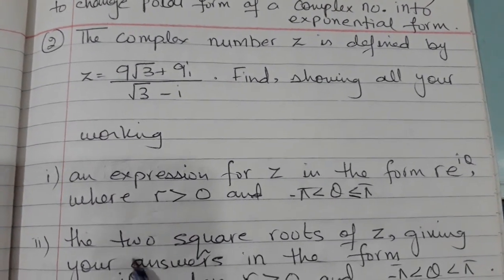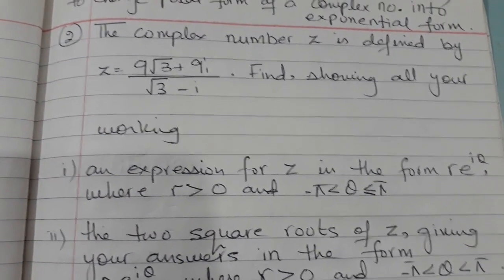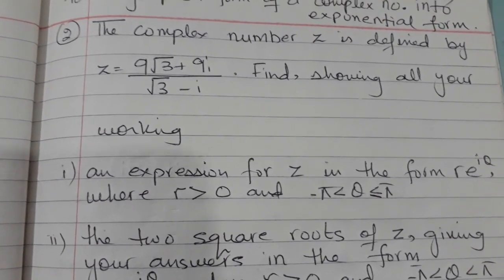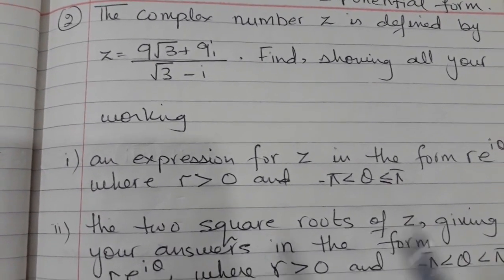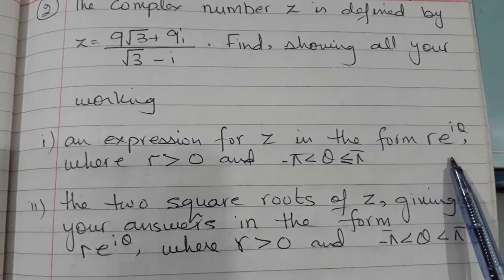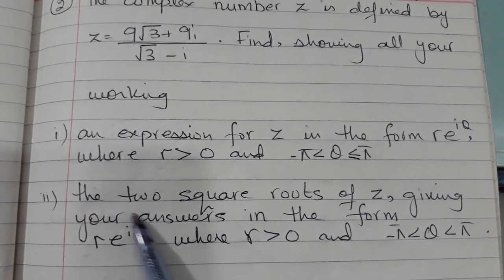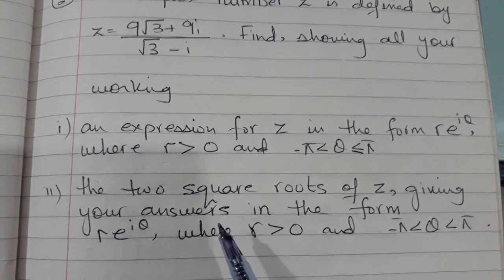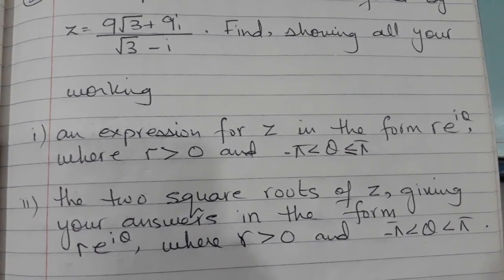And the second part is saying find the two square roots of z, and later on I will find out the square root of this. I have shown in my previous video how to find the square root of a complex number. Now we will see, once we change this into this form, how we will find the square root in this form. We have seen in the previous video the square roots of the Cartesian form, right?